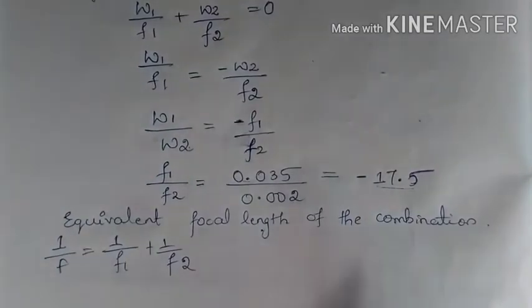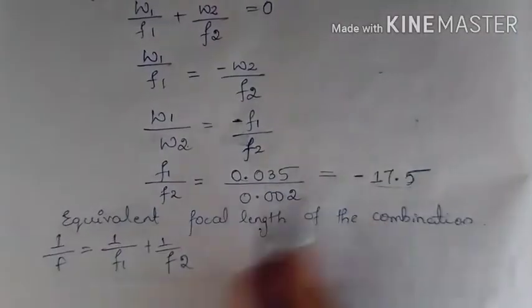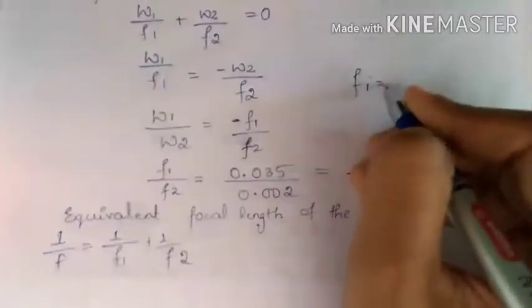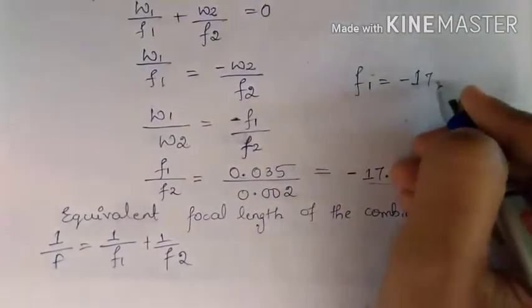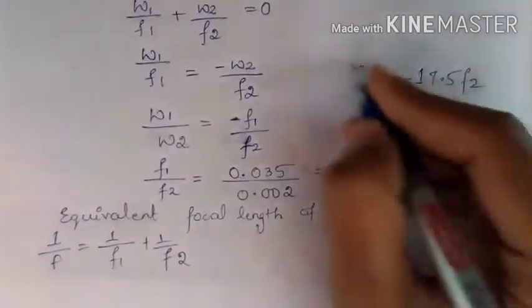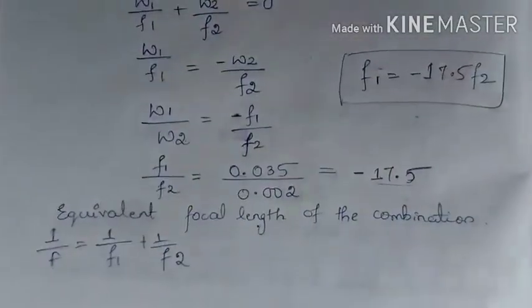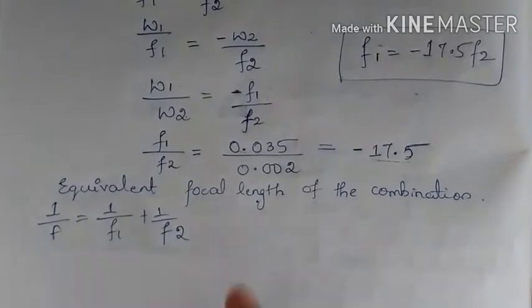So from this equation we can write f1 is equal to minus 17.5 f2. So then we know what f1 and f2 are.